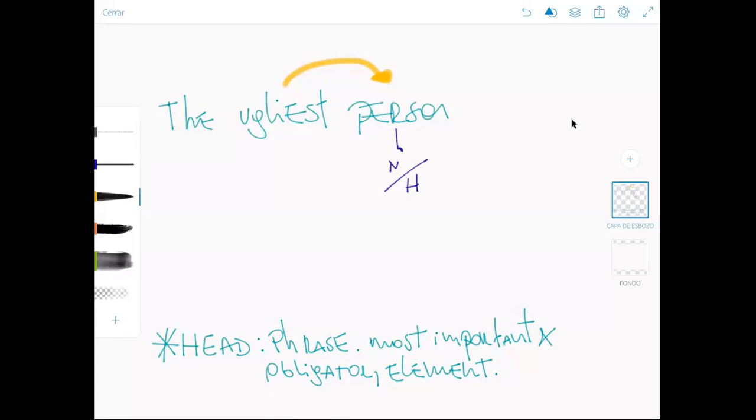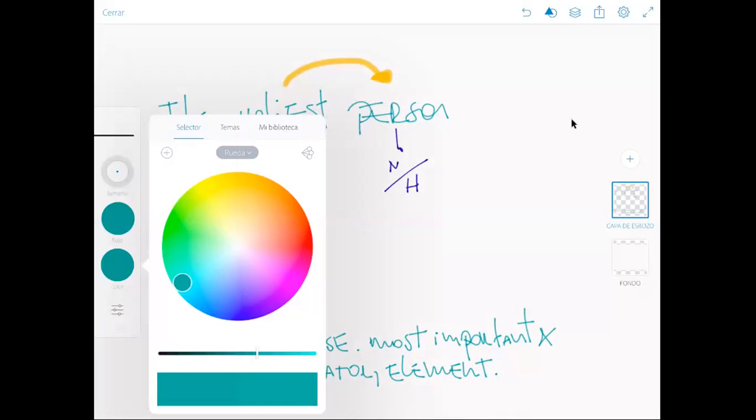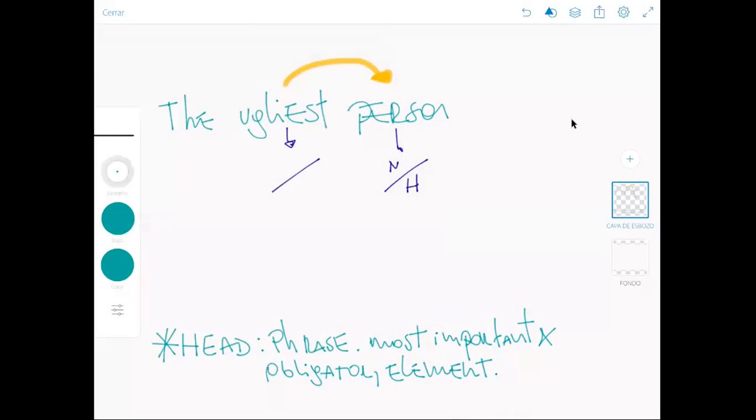As a consequence, ugliest is modifying. And I'm going to add another concept, the concept of modifier. Modifiers have to do with the idea of phrase, and they are optional.